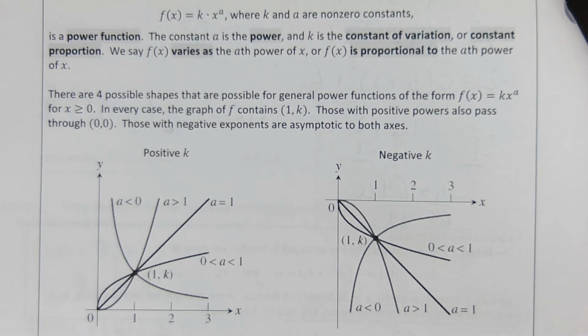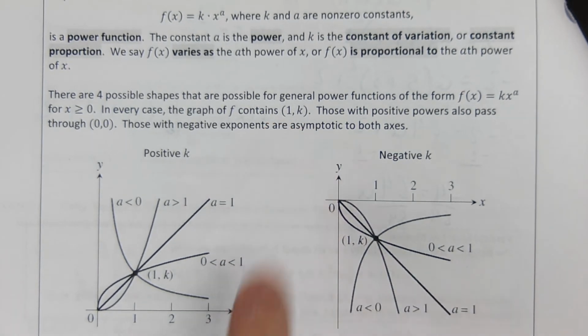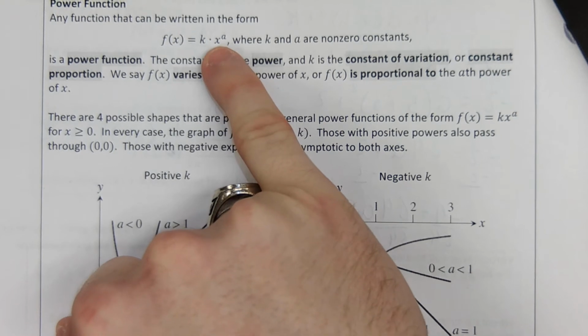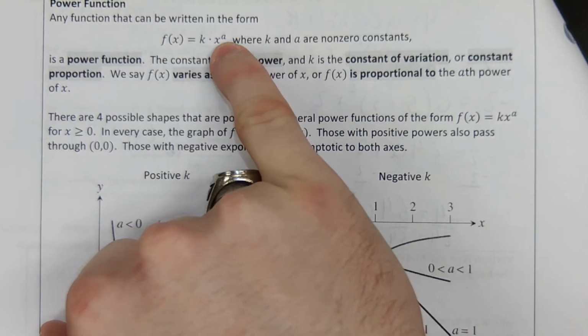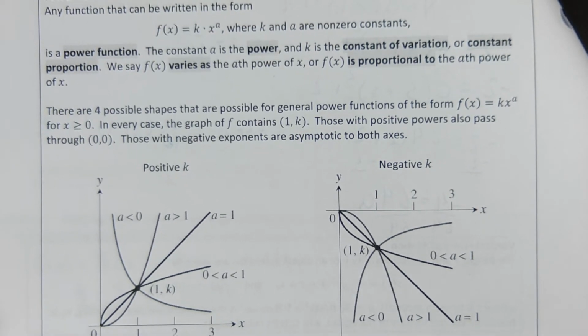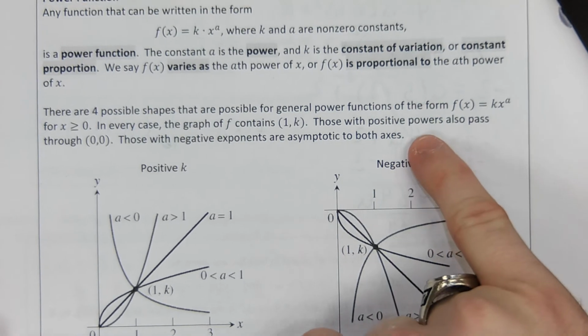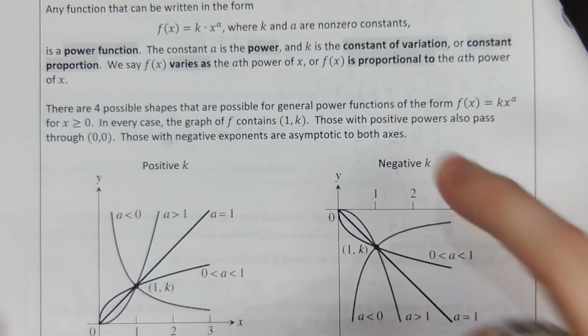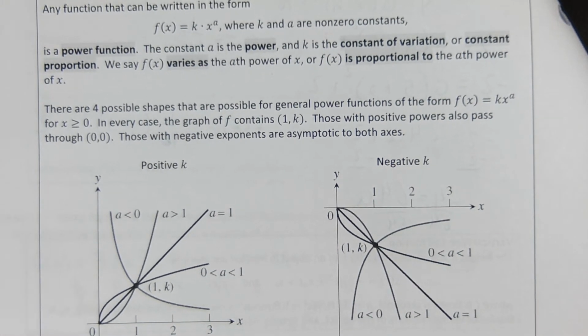So every one of these graphs does contain the point (1, k), and that's because it wouldn't matter what a is. 1 to anything is always going to be 1, right? And they're also going to pass through (0, 0) as long as you have a positive power. Again, I'm not going to make you graph them.